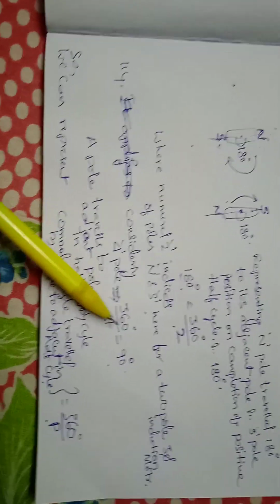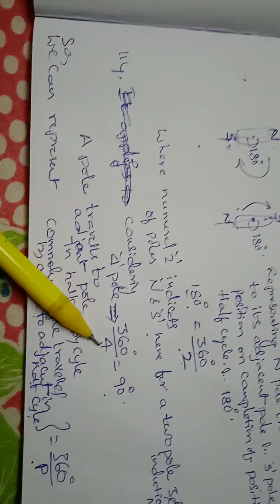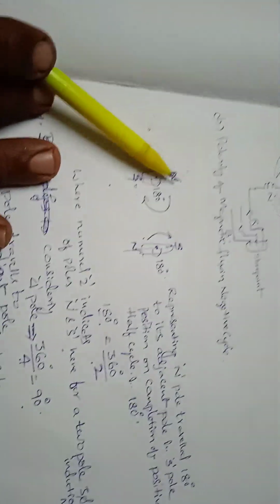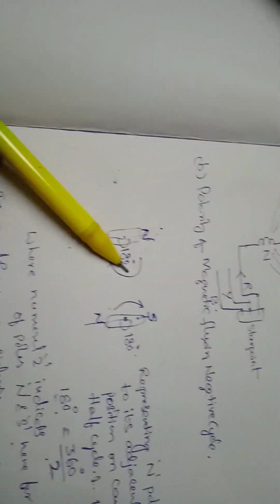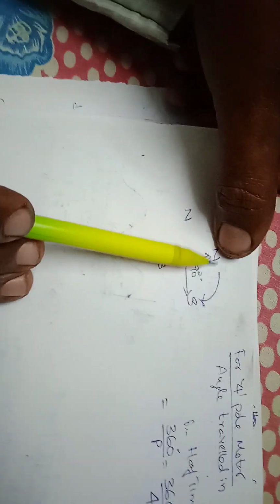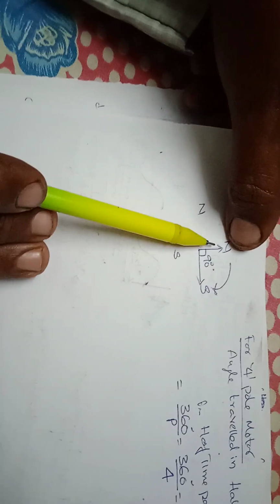Similarly for 4 poles, 360 degrees by 4 means 90 degrees. The pole will shift to the adjacent pole in half a cycle. Here, taking 4 poles, it will travel to the adjacent pole, which is 90 degrees only.